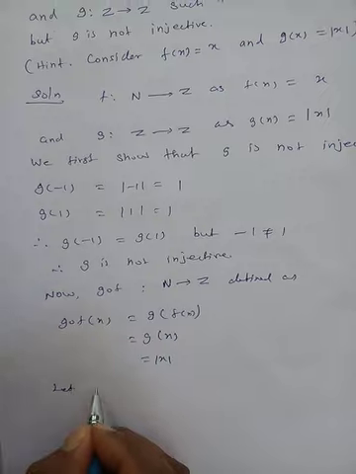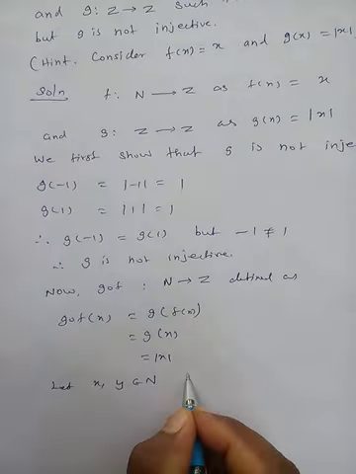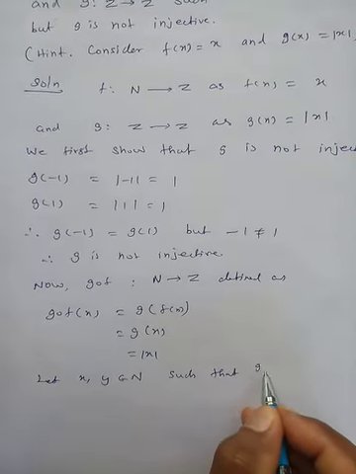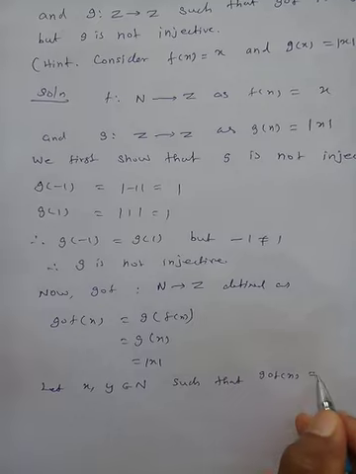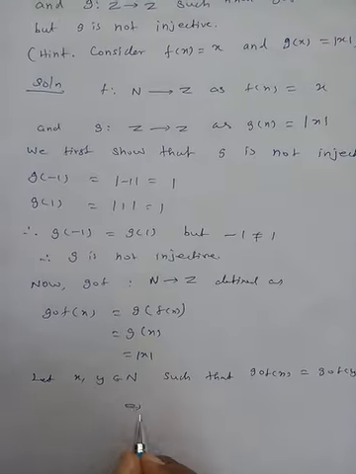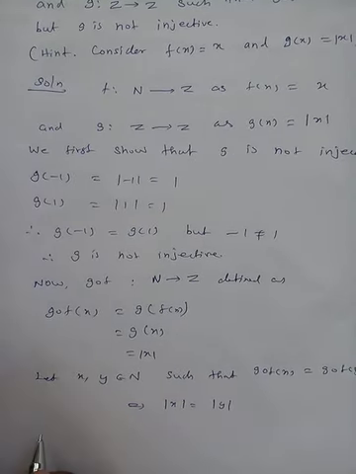Let x, y belong to N such that g composition f of x equal to g composition f of y, which implies modulus of x is equal to modulus of y.